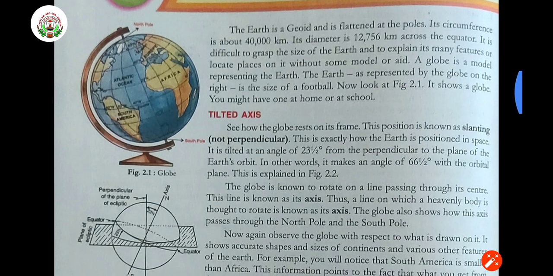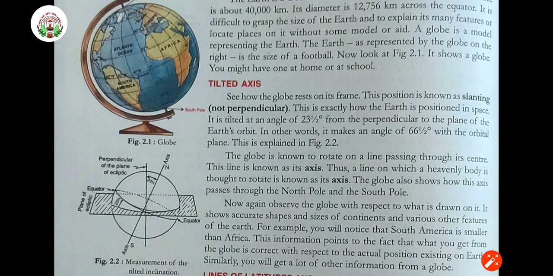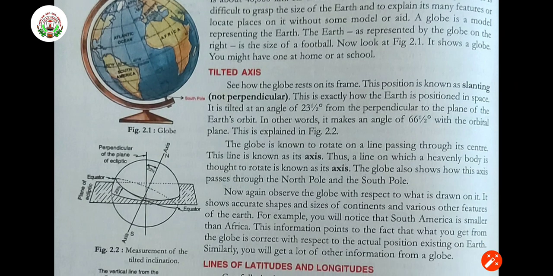It is tilted at an angle of 23.5 degrees from the perpendicular to the plane of the earth's orbit. You can understand this by seeing the figures. You can see figure number 2.1, measurement of tilted inclination. At the top you can see one axis drawn in the north to south direction and a straight line drawn, that is the perpendicular one. The angle between the axis and the straight line is 23.5 degrees.